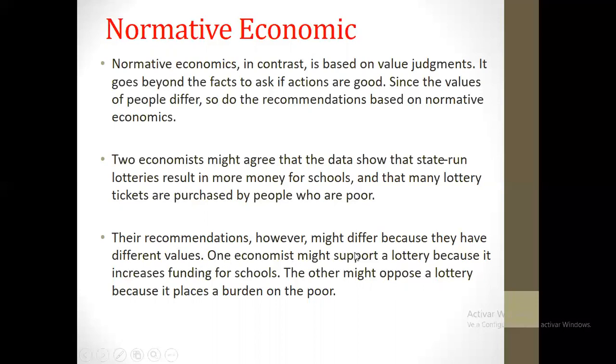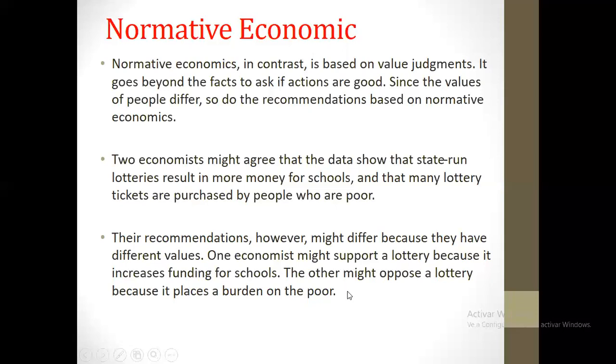They might make some recommendation. One economist might support a lottery because it increased funding for schools. That's one economist. He thinks that it's correct to raise some money through the lottery, while the other says the opposite. The other might oppose a lottery because it places a burden on the poor. Why?